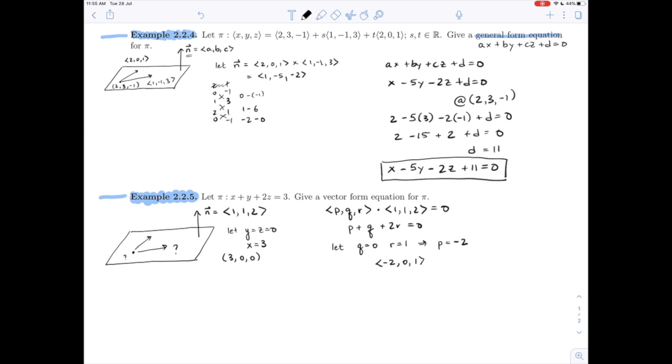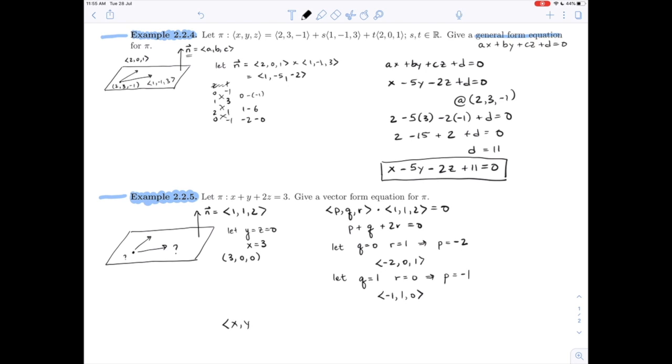Well, I need a second vector, so let's make other choices for those letters. And so let's say, well, how about this time q equals 1 and r equals 0? Well, that's going to tell me that p has to be -1, and in other words, the vector (-1, 1, 0) is also in the plane. Well, now that I've got a point in the plane and two vectors parallel to the plane, I can write the vector form equation.